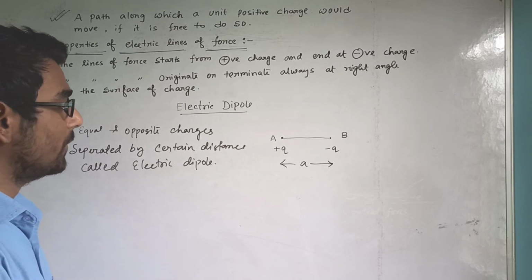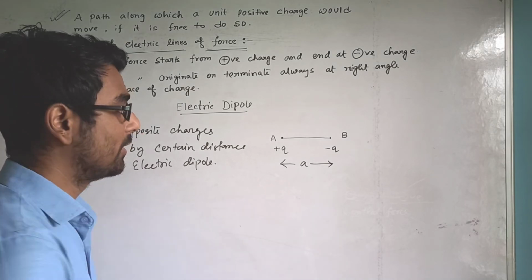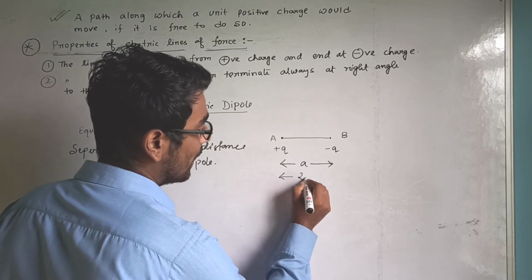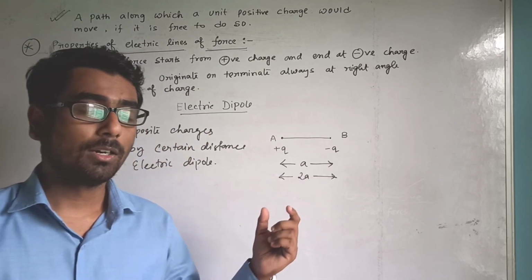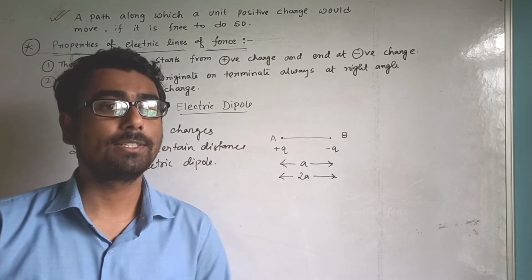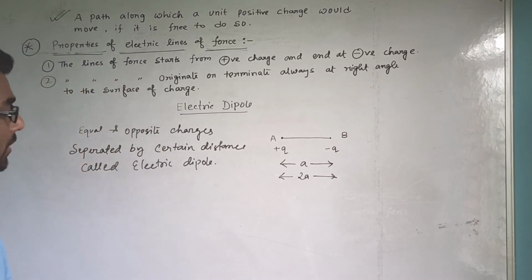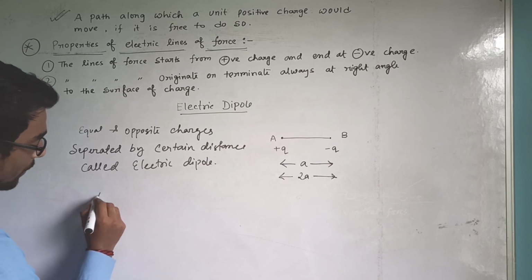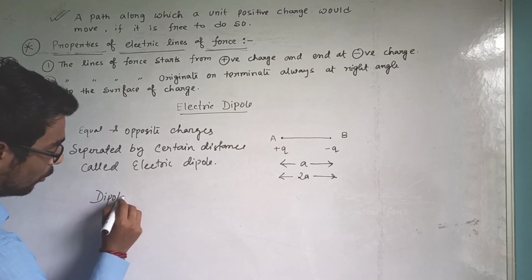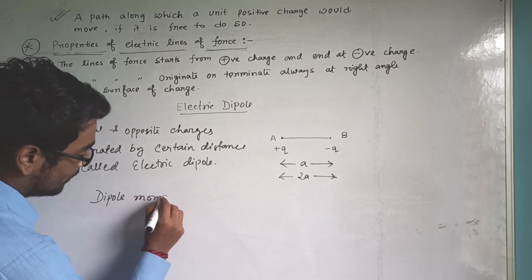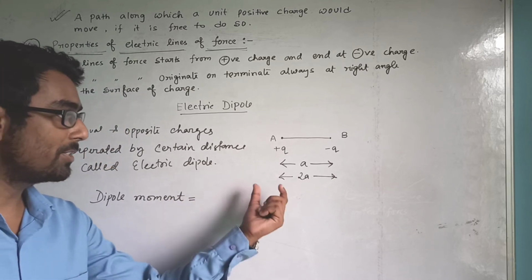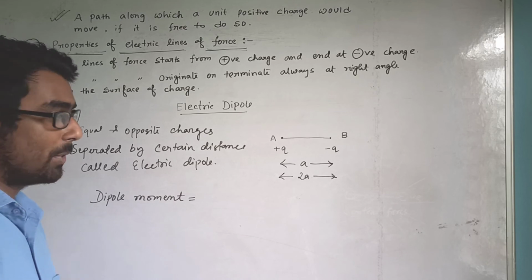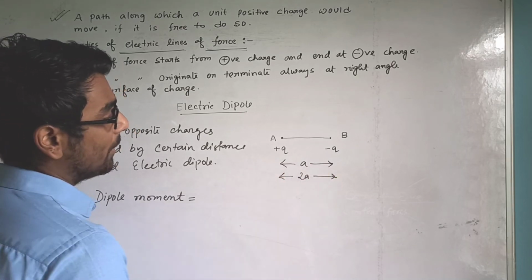Now in some books you will see the distance given as twice a. It is nothing, it is just to make the further numericals much easier. Okay, so from here we will get dipole moment. Dipole moment is the product of either charge multiplied by the distance between them.